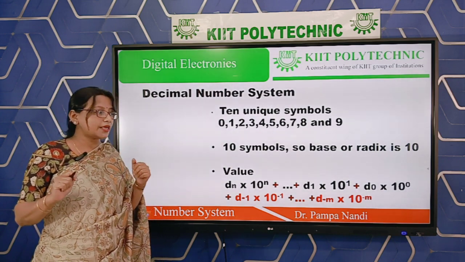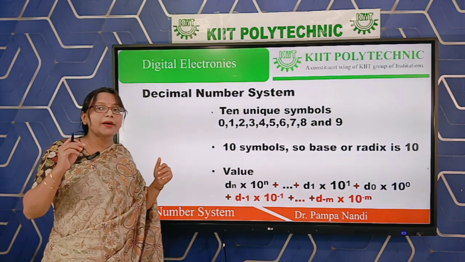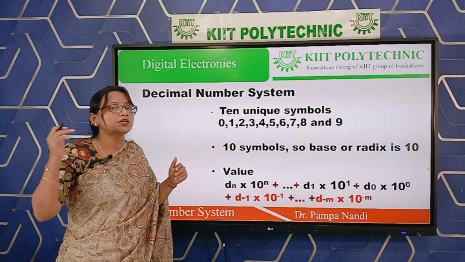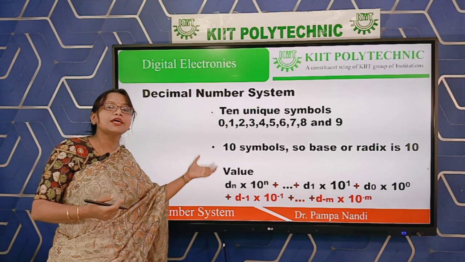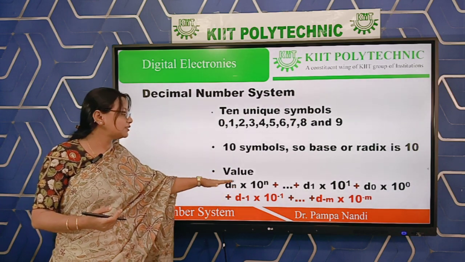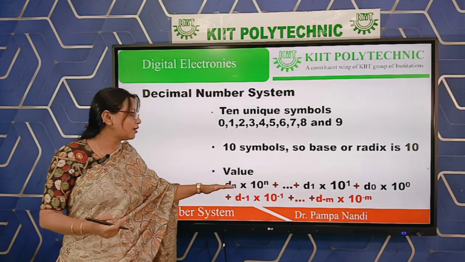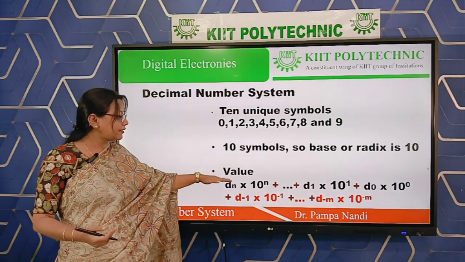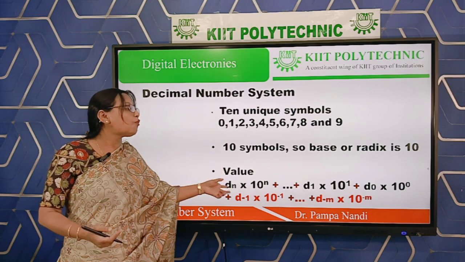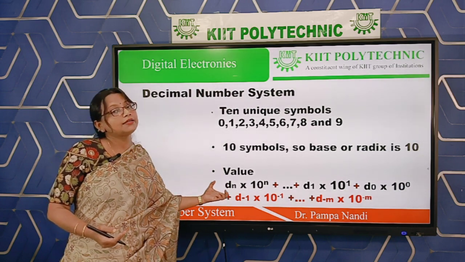So if I say that in binary we use 2 digits, 101010, that doesn't make any sense to our mind. So every time we need to convert to decimal, for conversion by the human. So when I write the value, that means the equivalent decimal number.